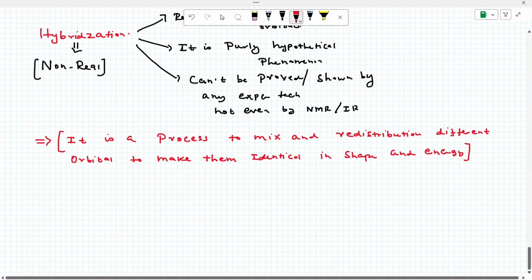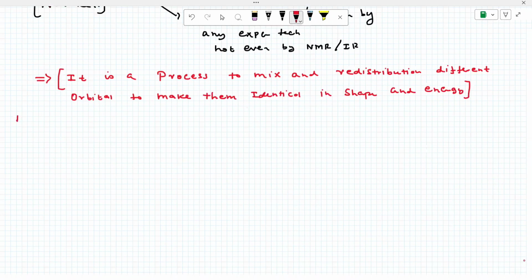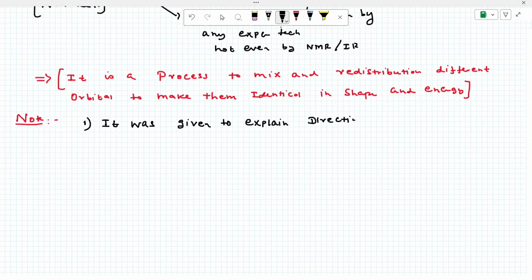Now, very important. Another point. There are key points, please note. First point, key point எழுதிங்க. Now it was given to explain the directional nature of covalent bond.